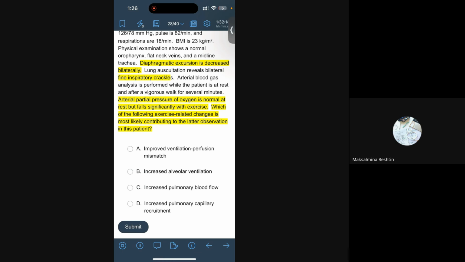Okay, so the right answer here would be increased pulmonary blood flow. Because of the increased pulmonary blood flow, the amount of time an oxygen molecule remains in the alveolar area, where the main gaseous exchange occurs, will be low. Okay?